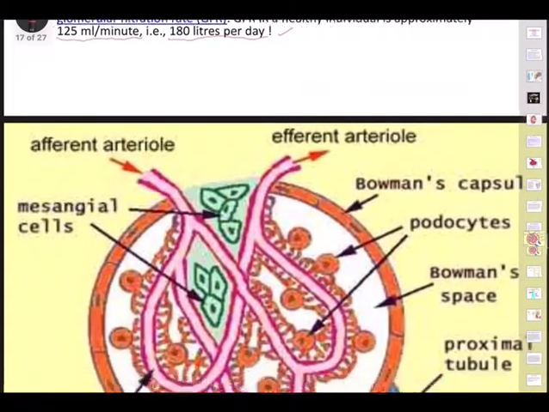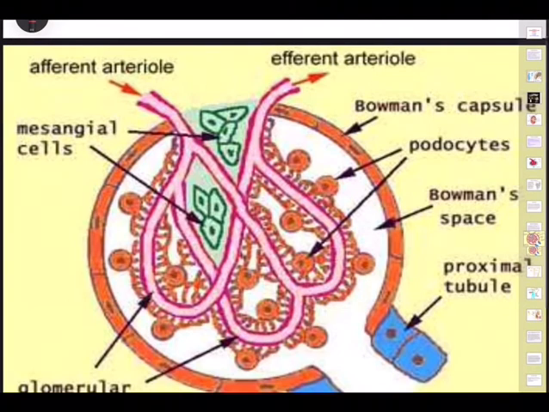So this is the greatness of glomerular filtration. Look at this. So the afferent arteriole, the blood is coming inside, and this is the Bowman's capsule. We have got podocytes, the epithelial cells.